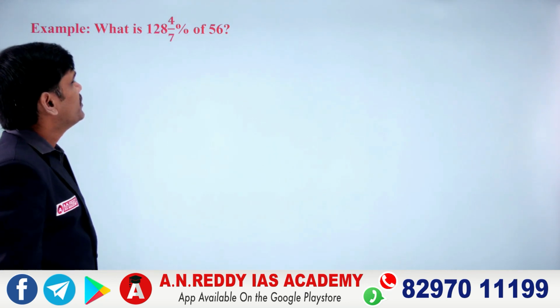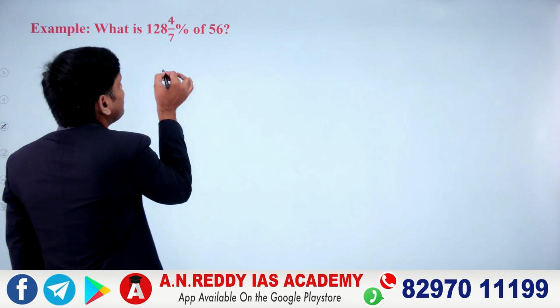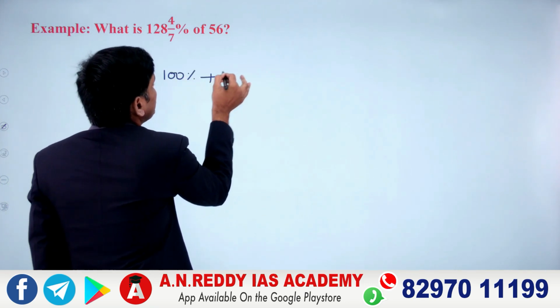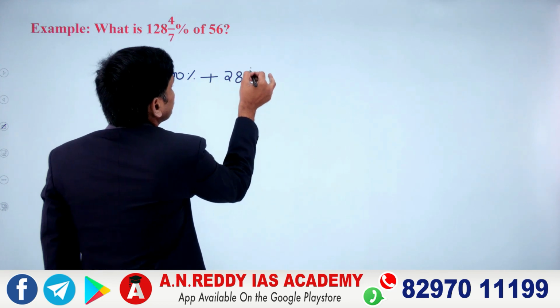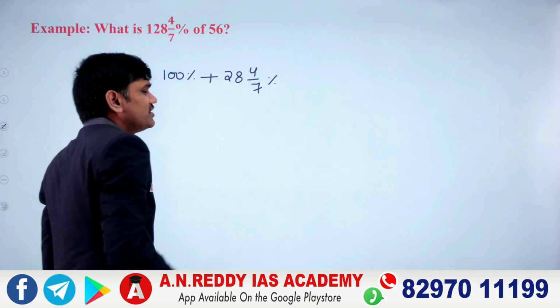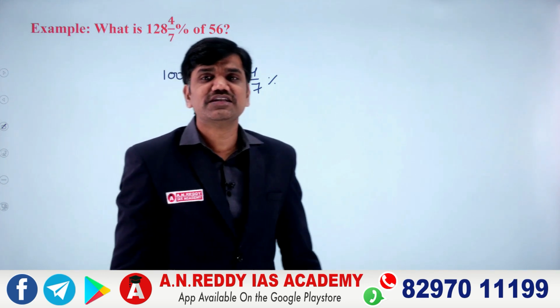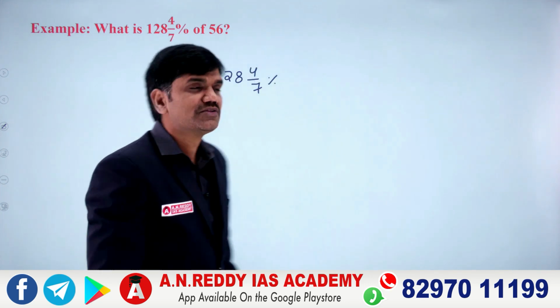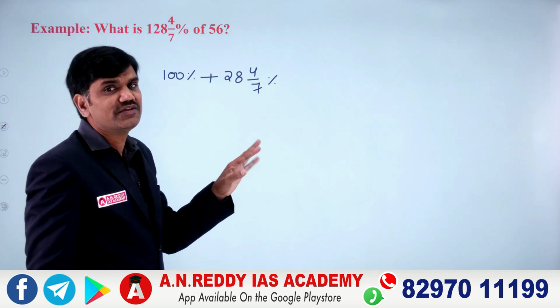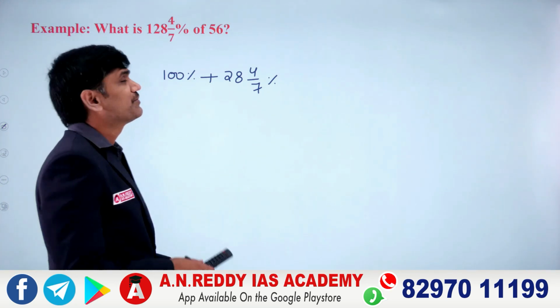Next, 128 4 by 7%. We can think of it as what, dear? 100% plus 28 4 by 7%. So this is the 14th table now. 14th table means that is related to 1 by 7. So 1 by 7 is 14 point something. 2 by 7 will be double of that. That's why it will be 28 point something.